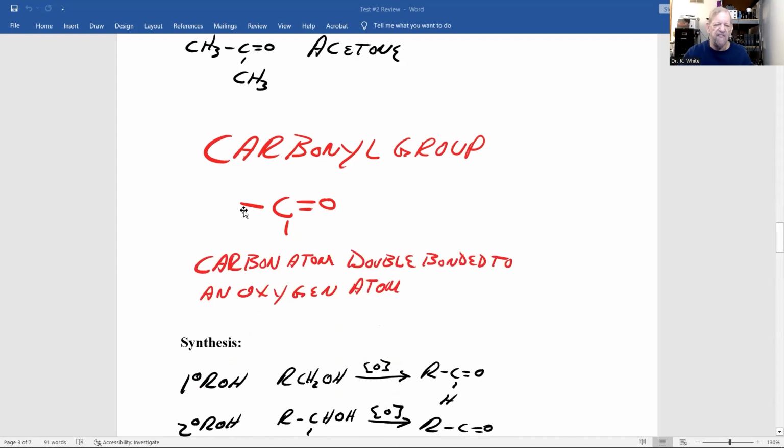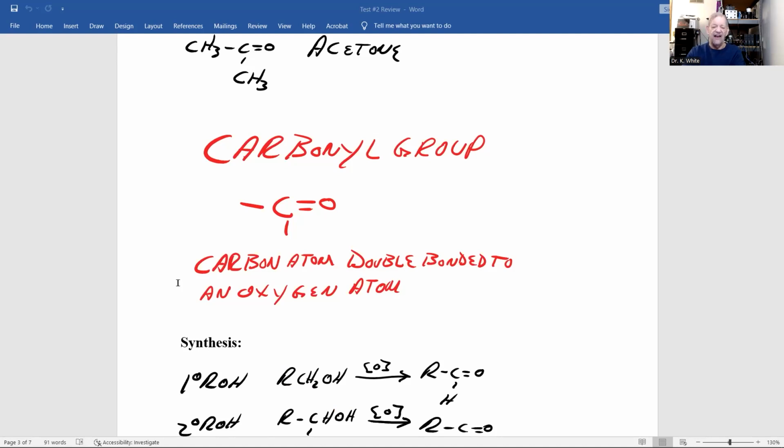Now, something very important, so important I wrote it in red, and that's the carbonyl group. The carbonyl group is not a functional group, but you should know how to draw the carbonyl group. That's right here, carbon double bond oxygen with 2 things attached to it, and how to describe it with words. And how do you describe the carbonyl group with words?